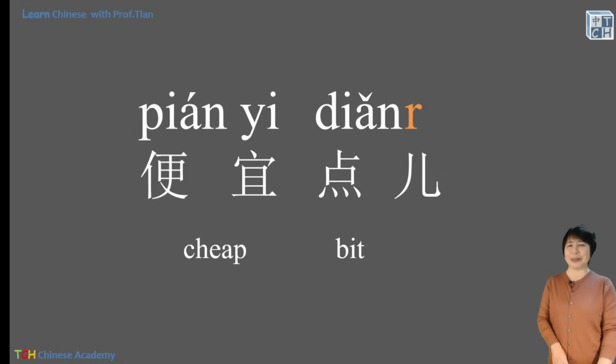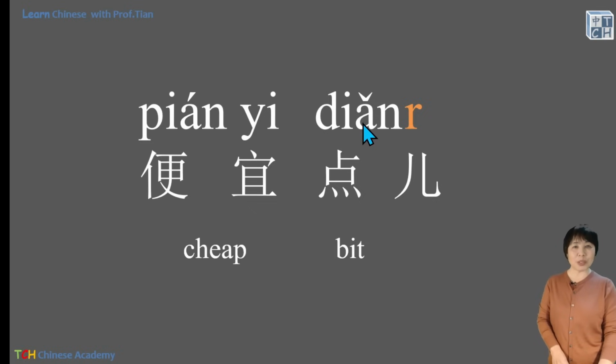So can you get cheaper? 便宜点儿, with the 便 going up. And this 宜 has no tone, which means it's not stressed. So when you pronounce this, don't stress 宜, just say 便宜, not stressed.